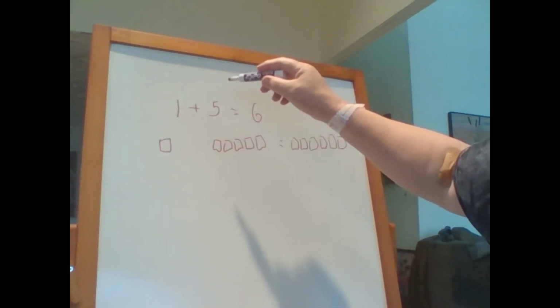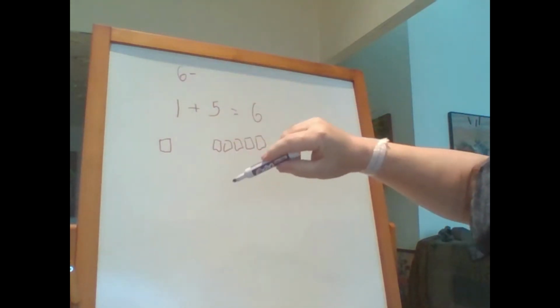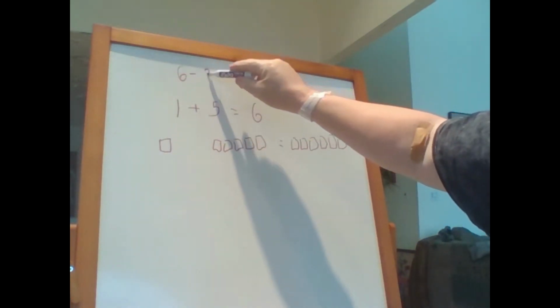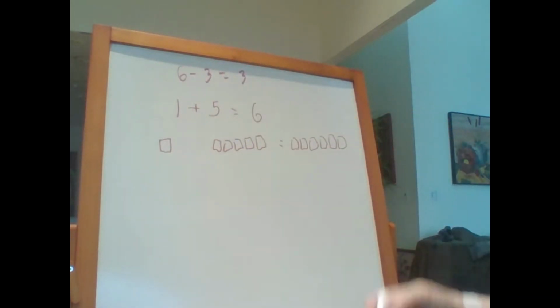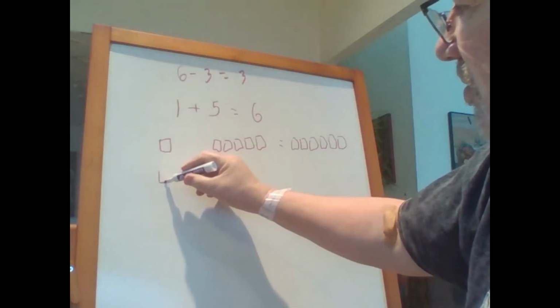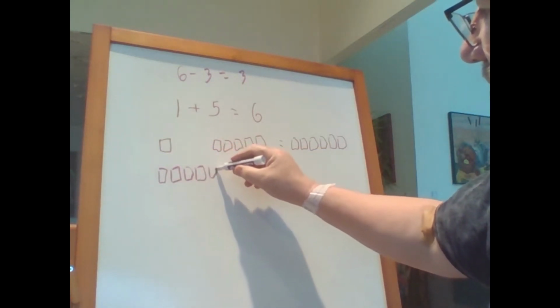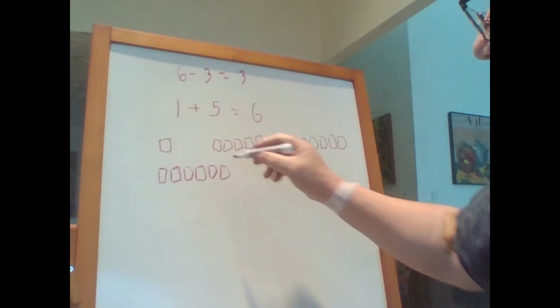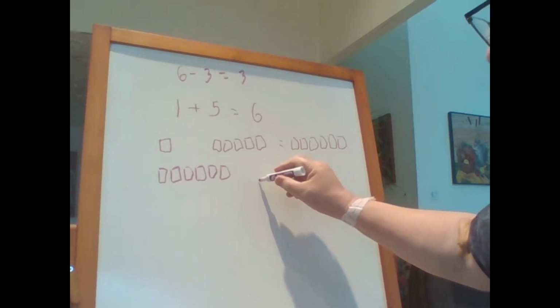And subtraction is the same thing. If we said that we had 6 widgets and we sold 3 of them, we have 3 widgets left.